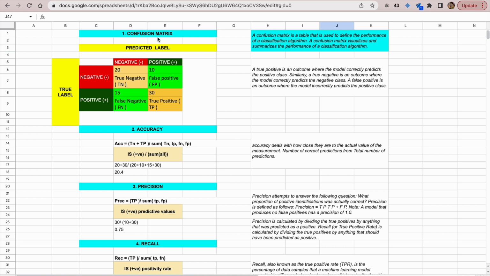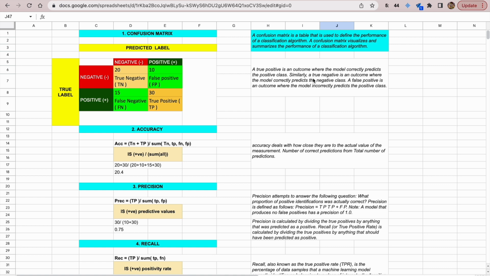The confusion matrix helps to find out the performance of a classification model or a classification algorithm. The true positive tells you that the model predicted the correct class, and the true negative tells you that the model predicted the correct class and the answer was negative.